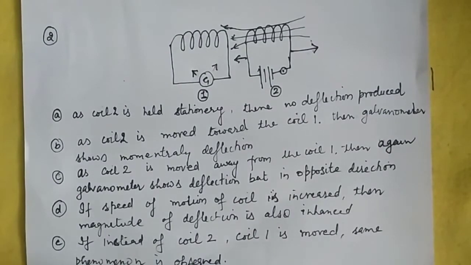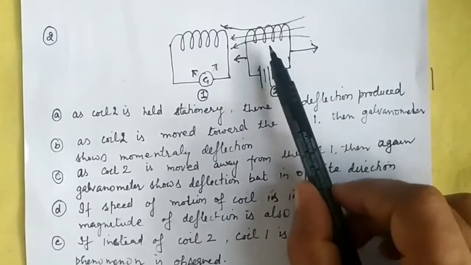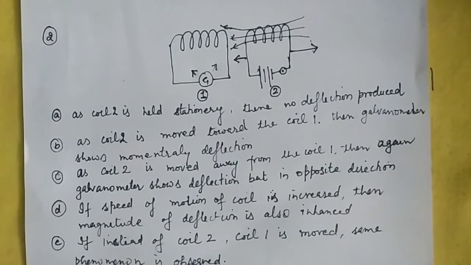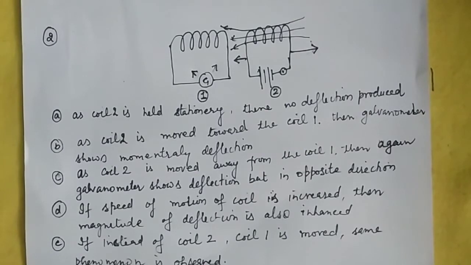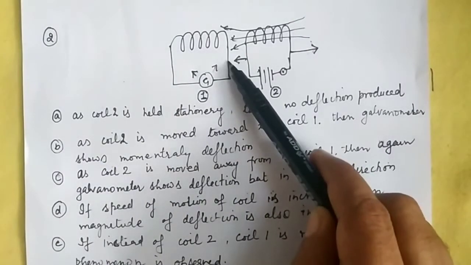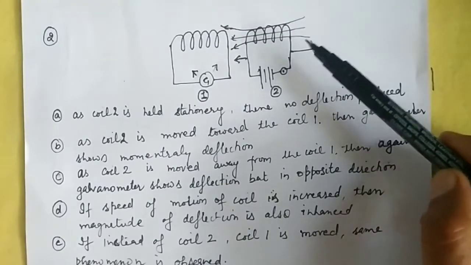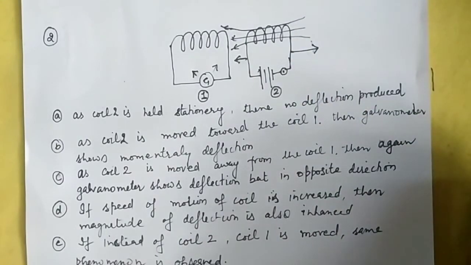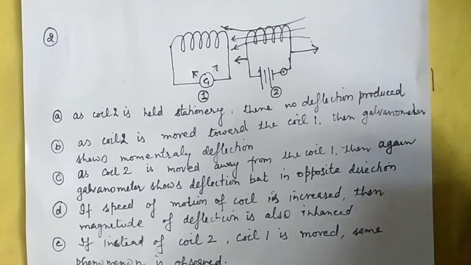It is further observed that the faster I push or pull coil 2, the greater the magnitude of deflection, meaning more current is produced in the first coil. If you orient the second coil in another direction and do the same experiment, the deflection produced in the galvanometer diminishes, going on decreasing.